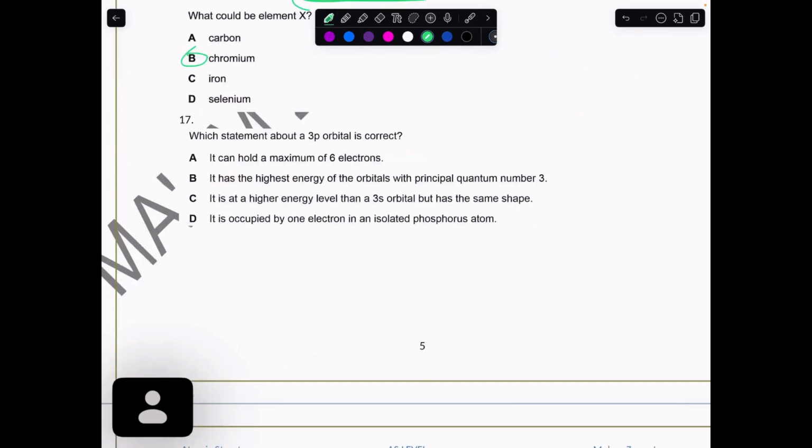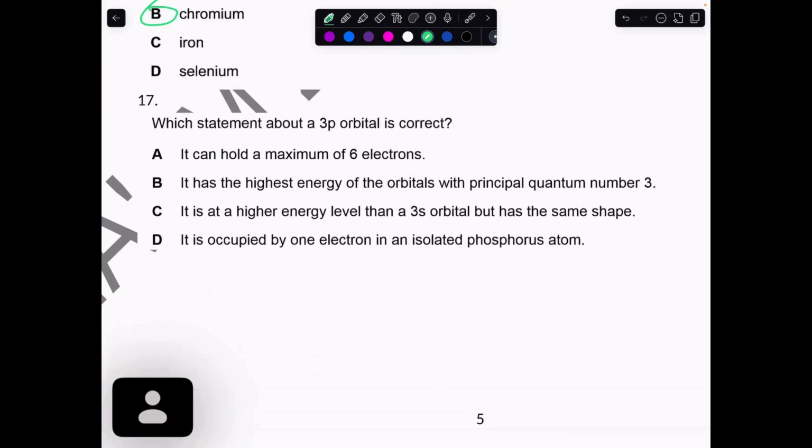This question, I love this question. Which statement about a 3p orbital is correct? An orbital accommodates only 2 electrons, right?